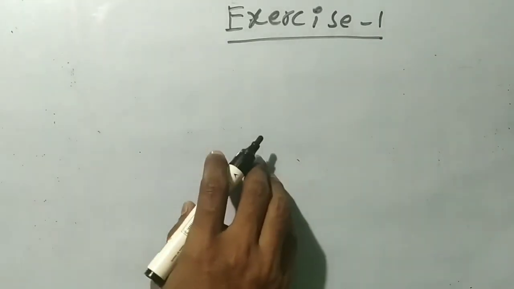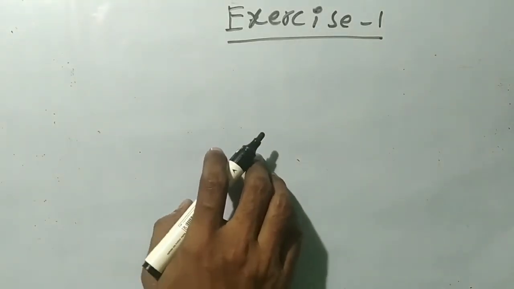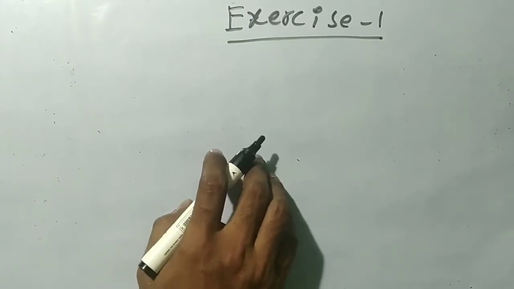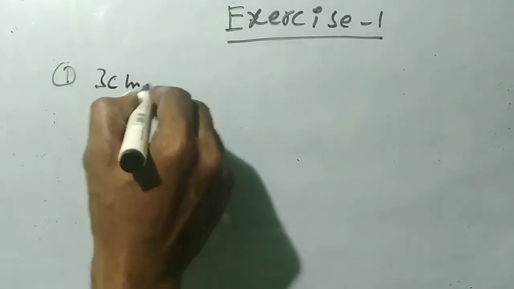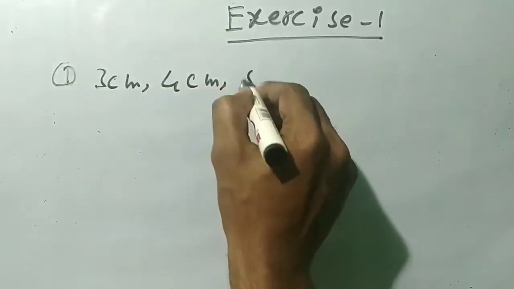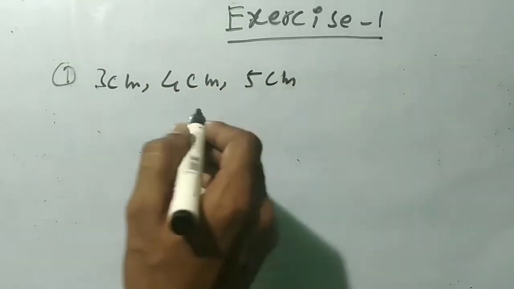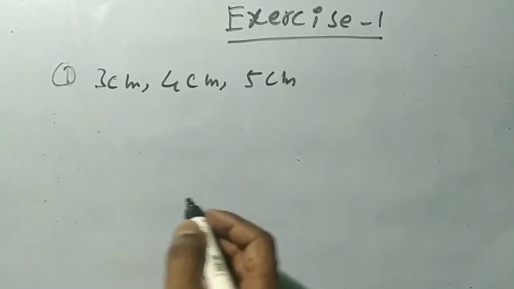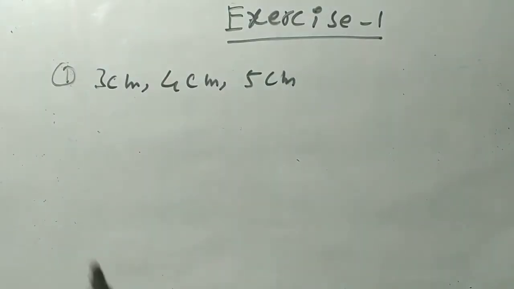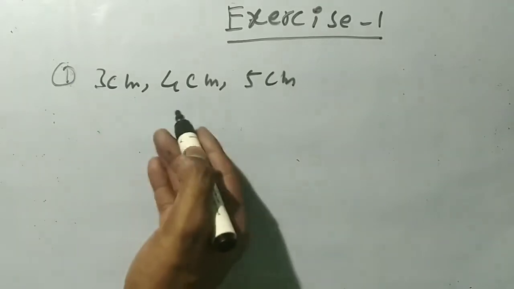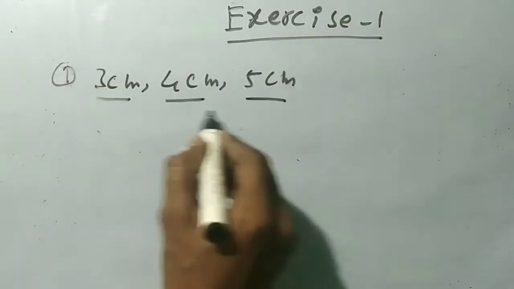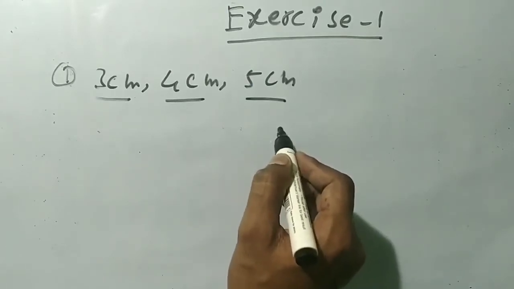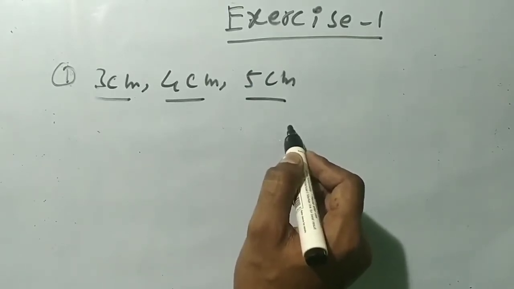Exercise 1 of the chapter Triangles and Its Properties. Let us take the first example. The first exercise is 3 centimeters, 4 centimeters and 5 centimeters. Does it make a triangle or not? By looking at the question, we know that 3, 4, 5 are different lengths. A triangle with different length measurements is nothing but a scalene triangle.